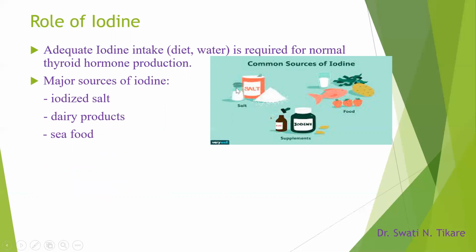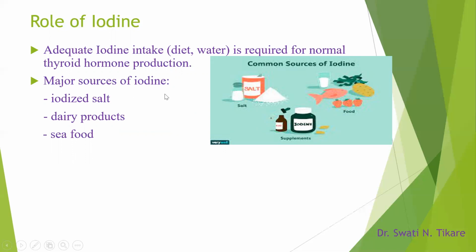Now we all are using iodized salt. In the absence of iodized salt, long back, there were a lot of cases of iodine deficiency and thus thyroid hormone deficiency, leading to conditions called goiter, which we will learn later. But now the government has made it compulsory that all salt is iodized.